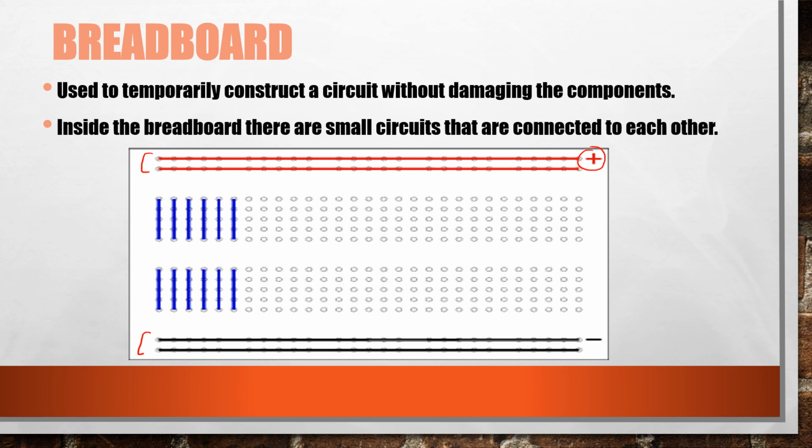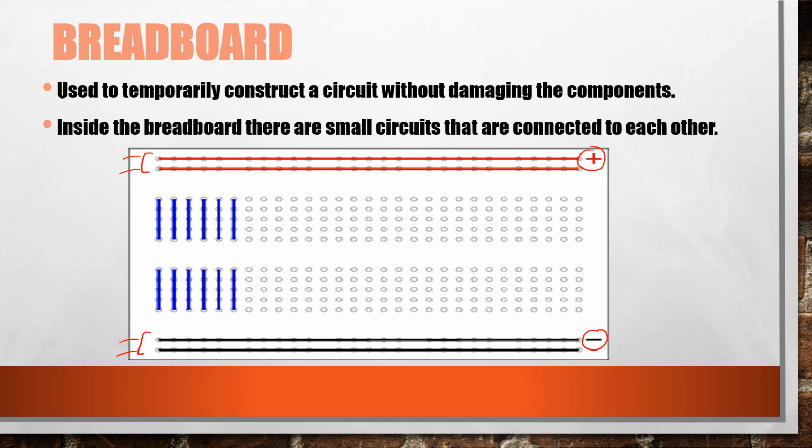All the holes that are present below these black lines, they are also connected horizontally. These black lines are negative. Each of these long lines, they are called power buses because they are really long.